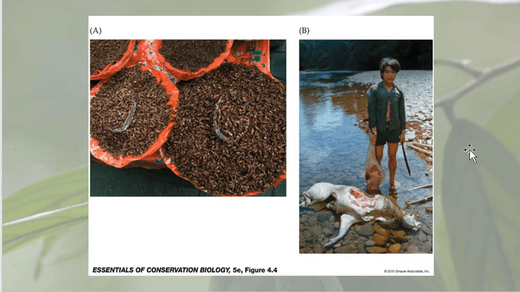So here are some objects which are collected as consumptive use. I think this is the Philippines. This is a picture from your textbook where a local community member has hunted a wild hog and is in the process of butchering it here to take back to the village and consume.